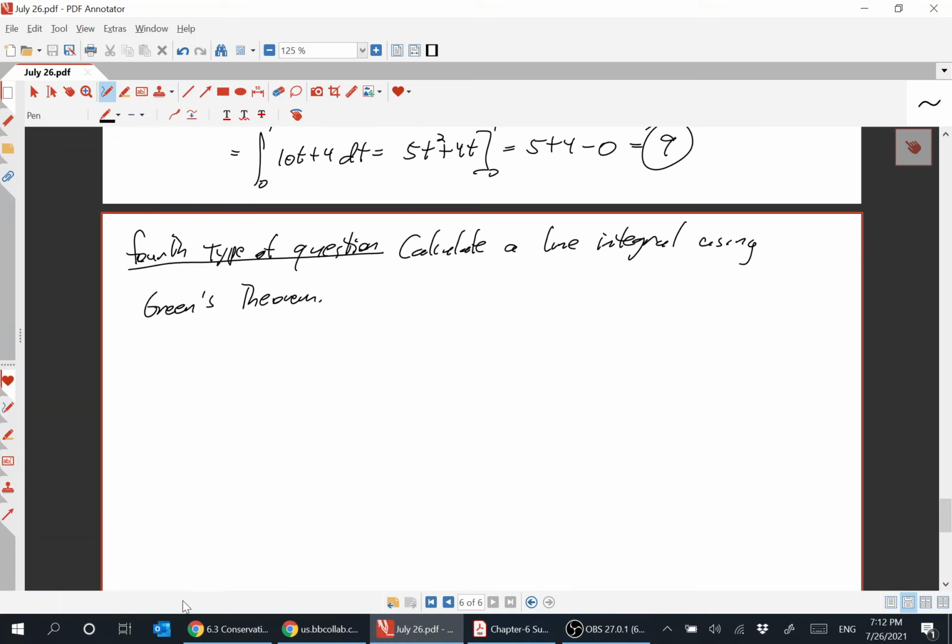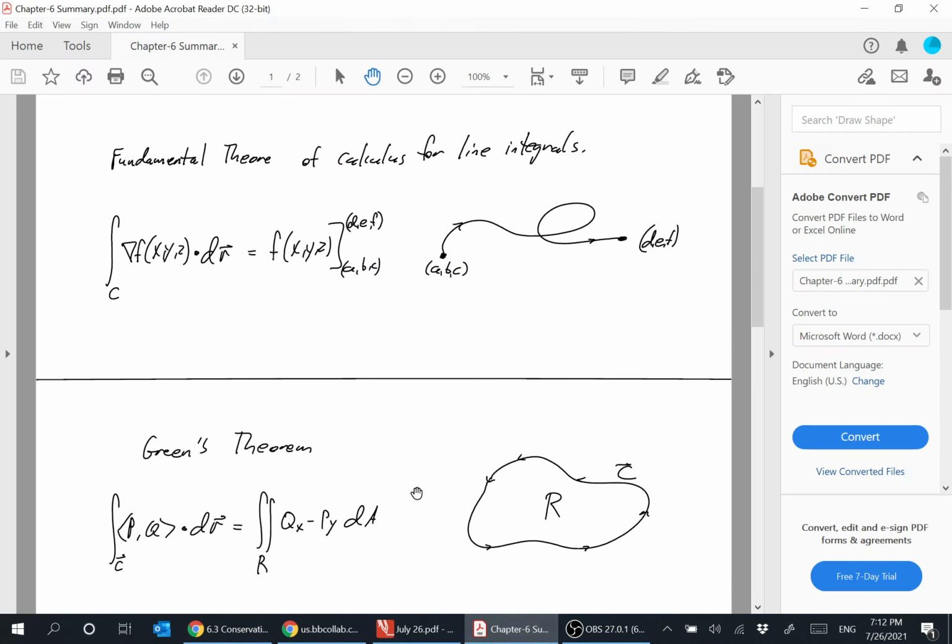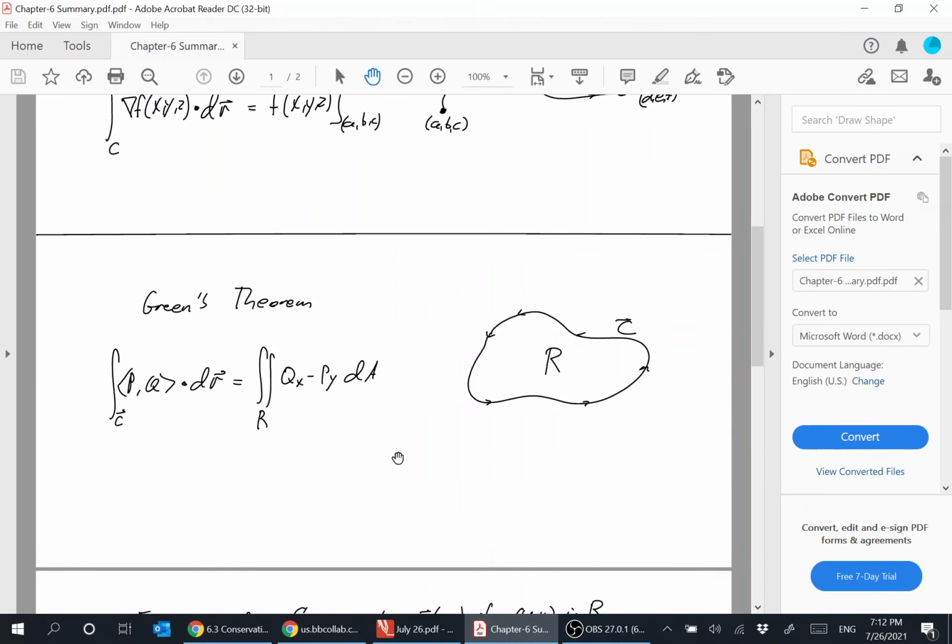So, calculate a line integral using Green's theorem. So here's Green's theorem. Green's theorem is just in 2 dimensions. And Green's theorem states that the line integral for the vector field P comma Q over C, where C is a simple closed curve.